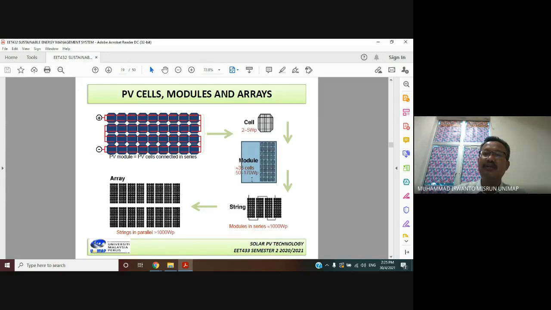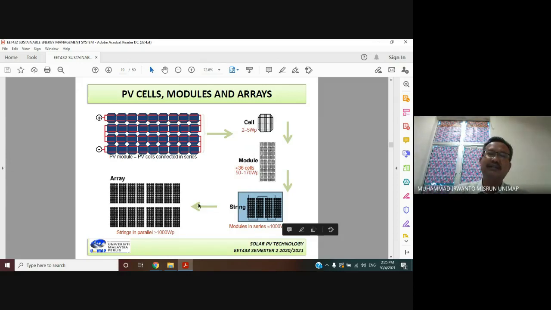And then some PV modules connected together in series, this one in series connection. This connection of PV modules we call a PV string.